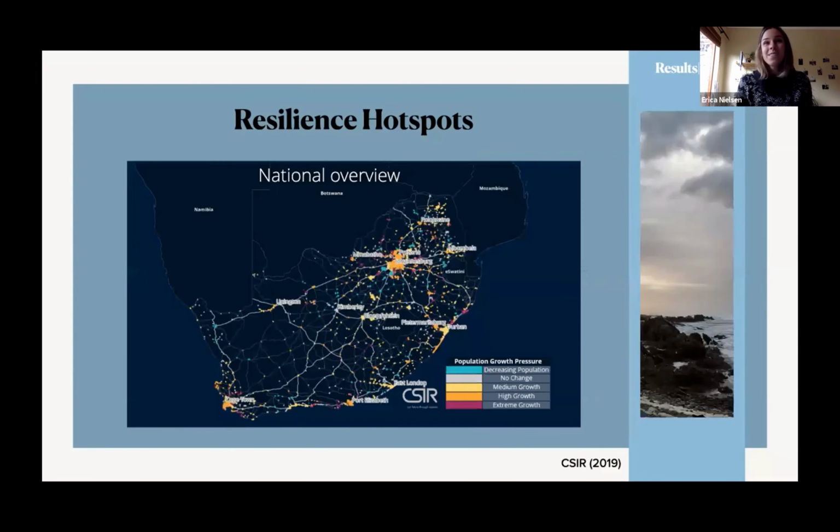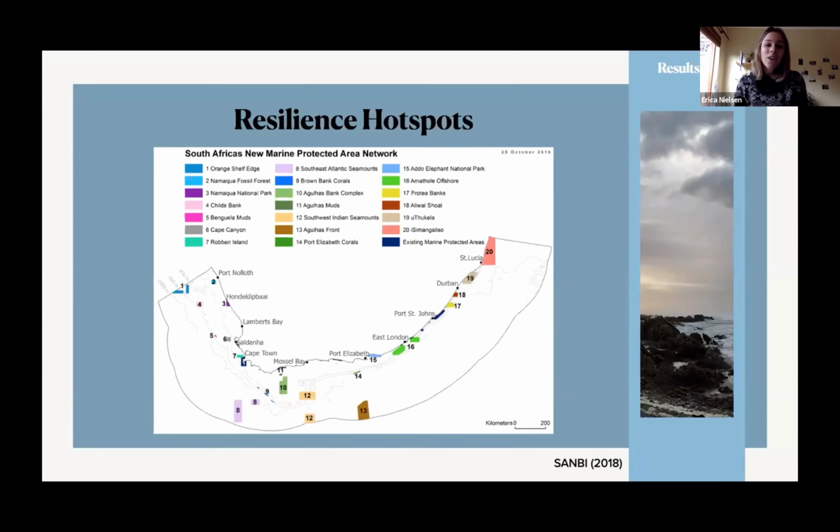Also, out of interest's sake, I wanted to include a socioeconomic metric of vulnerability. So here is the expected population growth pressure within the country over the next 3 decades. And we can see that our two hotspots are actually expected to see quite an increase in population growth. And finally, here is our current MPA network within South Africa, and we just implemented 20 new MPAs, so that's quite exciting.